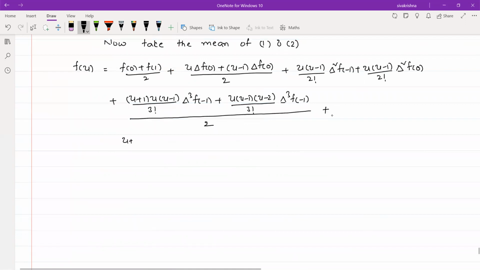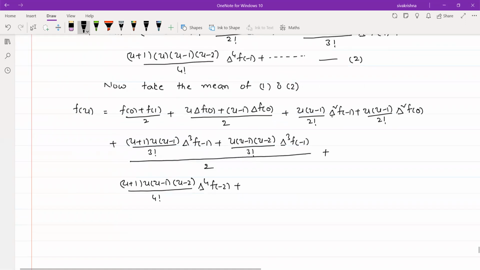So u plus 1 into u minus 1 into u minus 2 by 4 factorial into delta power 4 f of minus 2 plus, and the last term in equation 2 is u plus 1 into u minus 1 into u minus 2 by 4 factorial into delta power 4 f of minus 1. Okay, plus and so on. So I have considered the mean of both the equations 1 and 2.